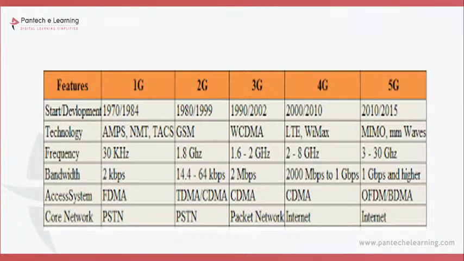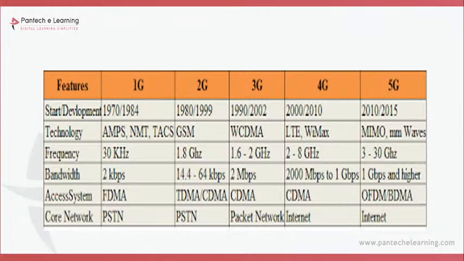What are the disadvantages of analog devices? Our first generation devices had poor voice quality, poor battery life, large phone size, and no security. Then limited capacity and poor reliability. Those are the disadvantages of our first generation systems.